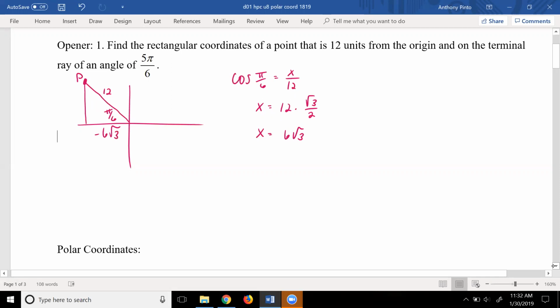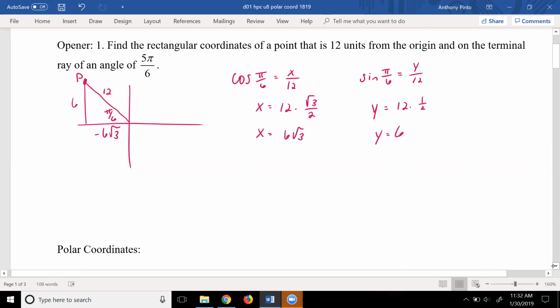To find the y point, it's the exact same concept. We just use sine. Sine of pi over 6 is equal to y over 12. Sine of pi over 6 is 1/2, so y equals 12 times 1/2, or y equals 6.